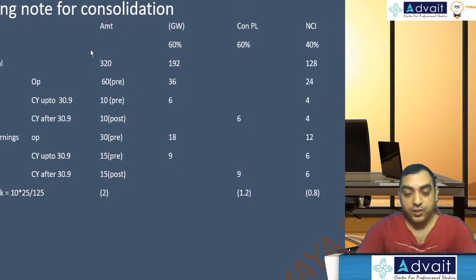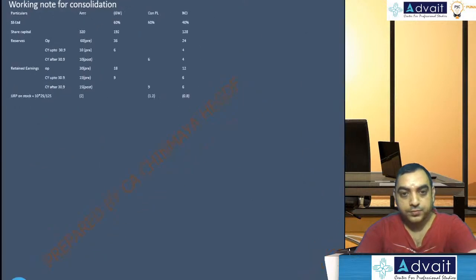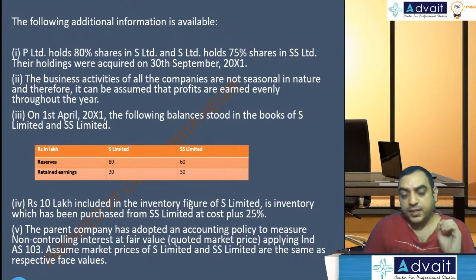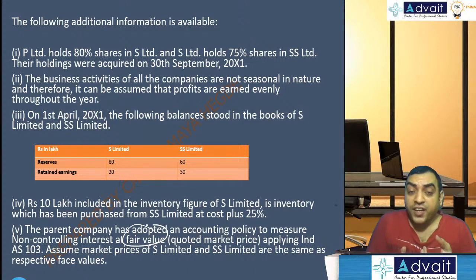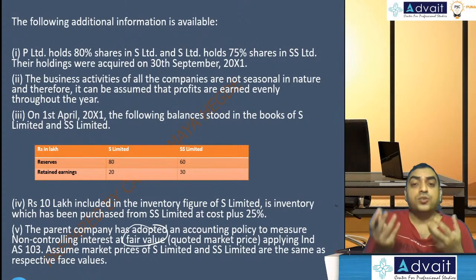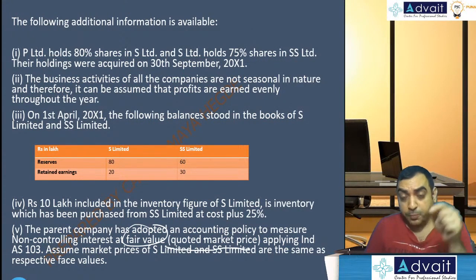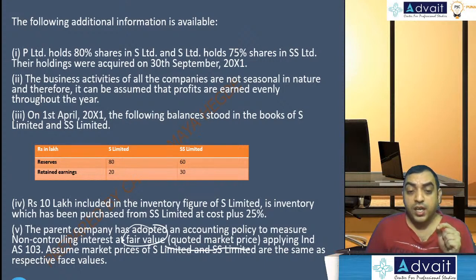Let us read that point once more. What do they say? The parent company has adopted an accounting policy to measure non-controlling interest at fair value. And what is that fair value? How to compute fair value? They said you assume it is the quoted market price. But what is the market price? They have given information.